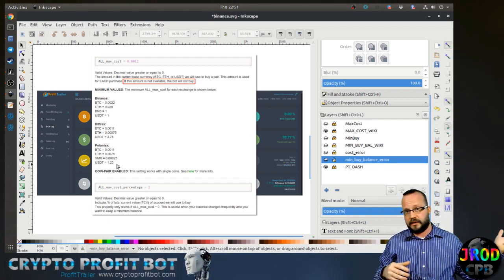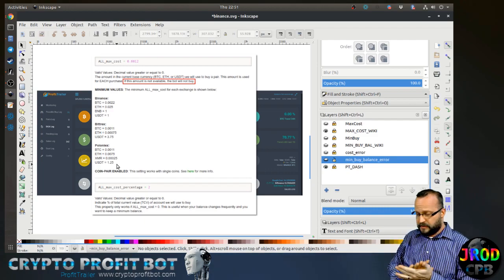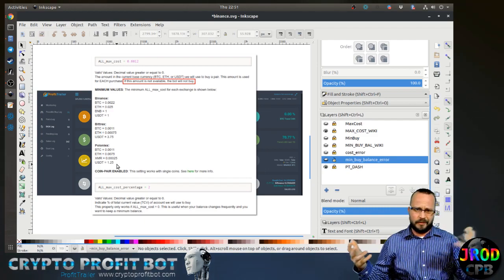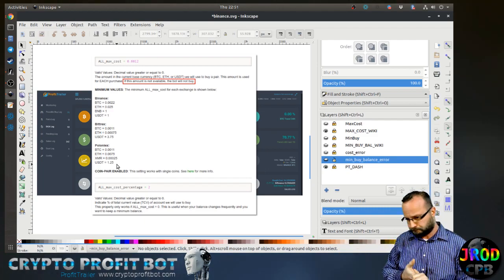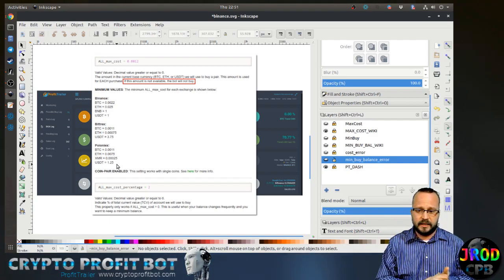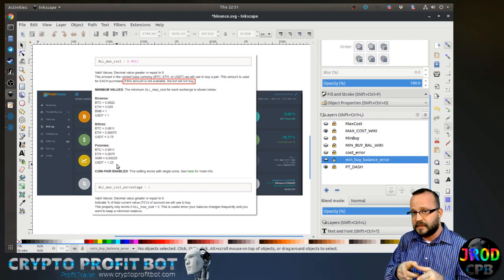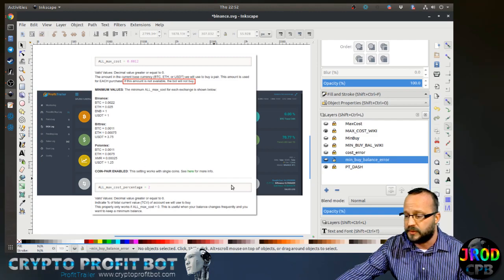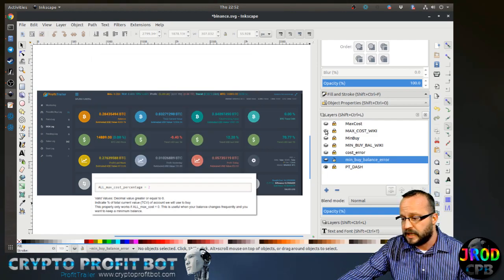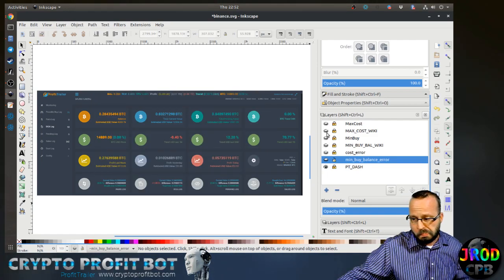Bittrex changed theirs a while ago. So we have to be aware of it. The community is pretty good about letting everybody know, hey, that just changed. But these need to be set. These are the minimum max costs for each exchange. If you're trying to buy less than this amount, you're going to get an error in your console letting you know that.